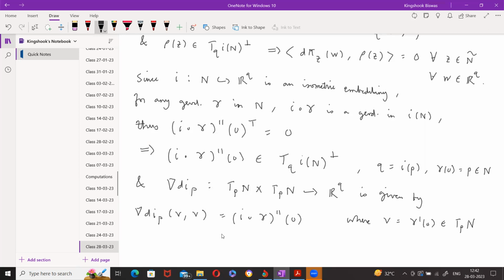And so this therefore belongs to the orthogonal complement of the tangent space.